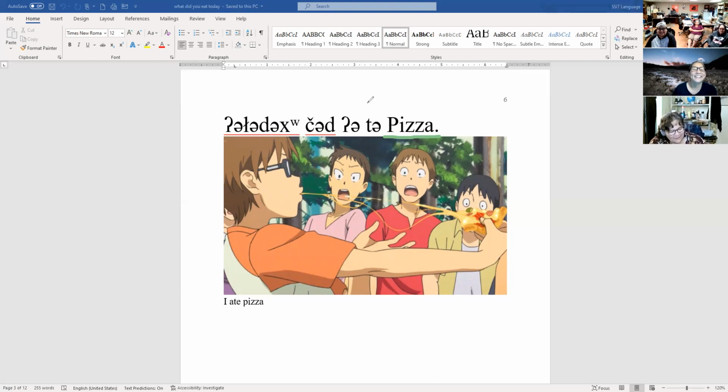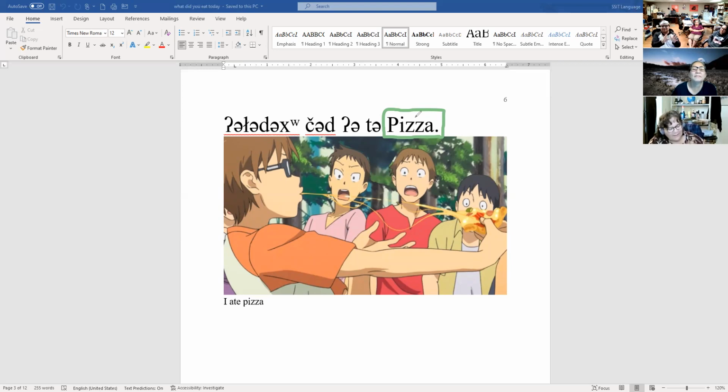Asad chud ata pizza. If you don't know the Lushootseed word for the food that you're eating, there is probably a word, but go ahead and insert the English word here. It doesn't have to be the Lushootseed word. This is just to show you can.